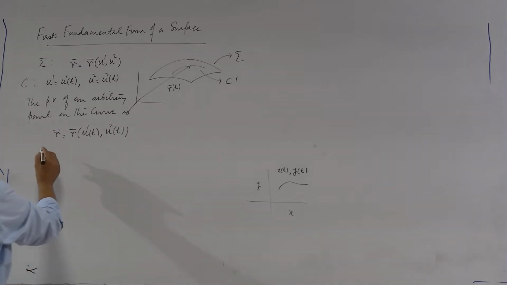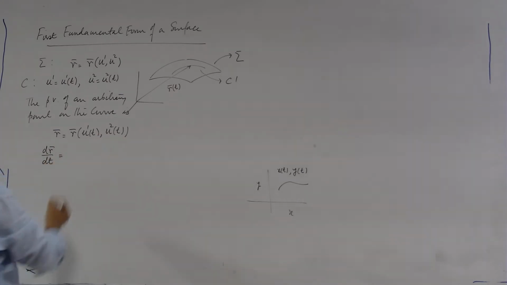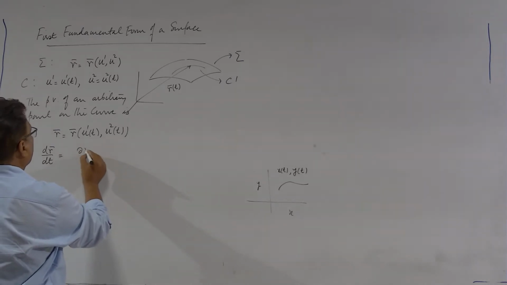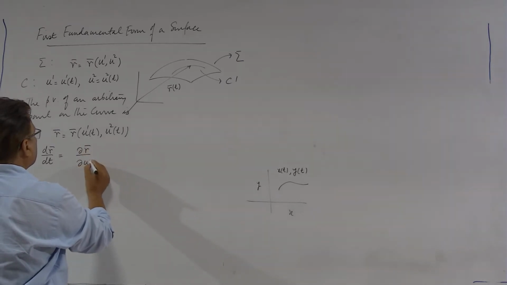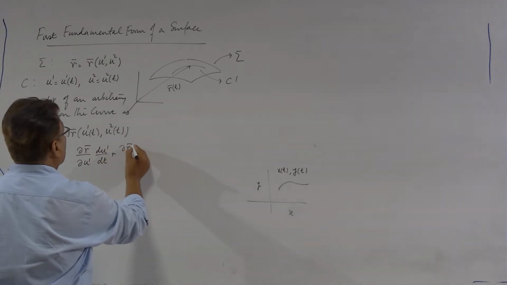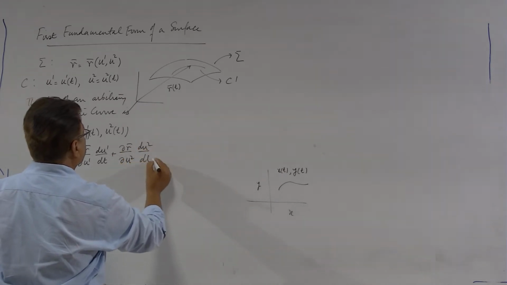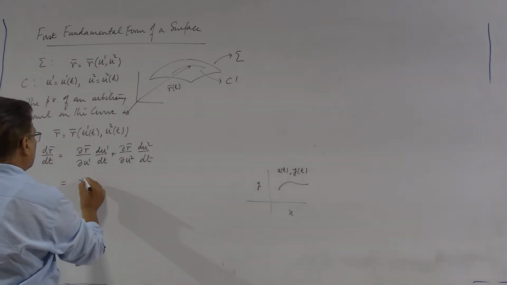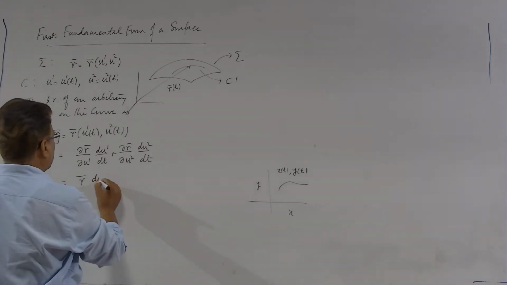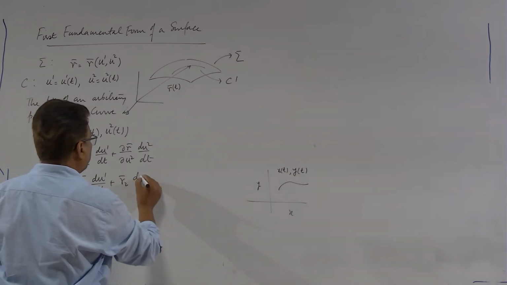Now, I can differentiate r with respect to t. So, differentiating the above with respect to t, by chain rule, it will be del r upon del u1 into du1 upon dt plus del r upon del u2 into du2 upon dt. Del r upon del u1 is our first basic tangent vector of the surface, r1 du1 upon dt plus r2 into du2 over dt.